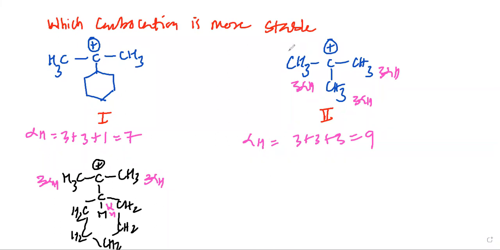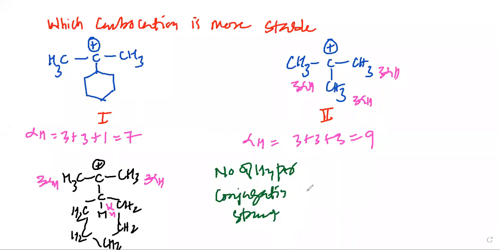So definitely we can say that the number of hyperconjugation structures for 1 is 7, and for 2 it is 9.